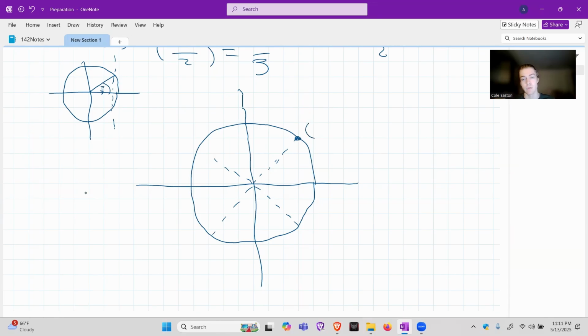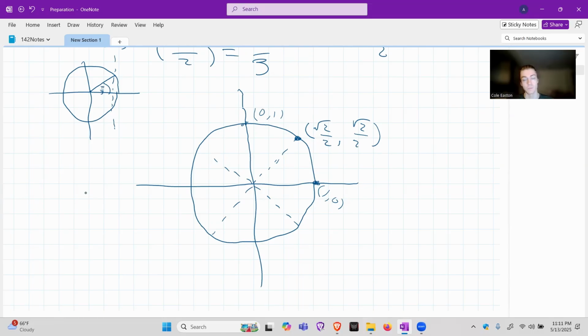Just one thing I need to remember is that this point is root 2 over 2, comma, root 2 over 2. And this is a unit circle, so I don't even think I should need to write this point or this point. But the x value is 1, the y value is 0, and the x value is 0, y value is 1. And you can do the same thing over here, right? This is -1, 0. This is 0, -1, right?